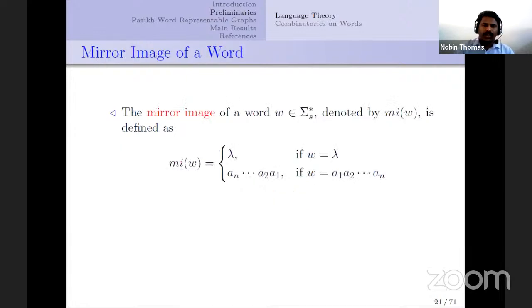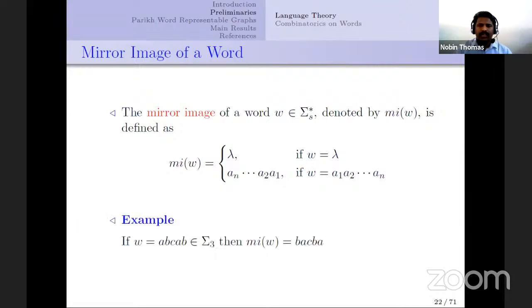The mirror image of a word over sigma star is denoted by Mi of W and is defined as lambda if W is an empty word, and an, an minus 1, and so on, down to a1 if W equals a1, a2, and so on up to an. For example, consider W equal to abcab, then its mirror image is bacba.